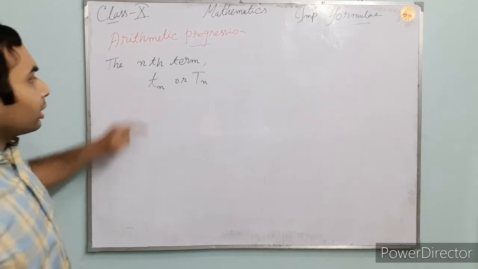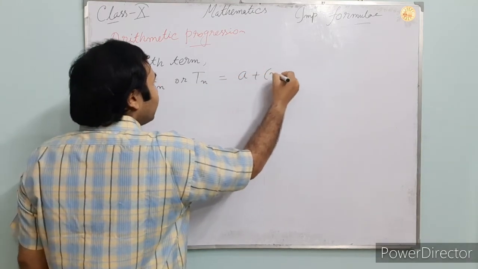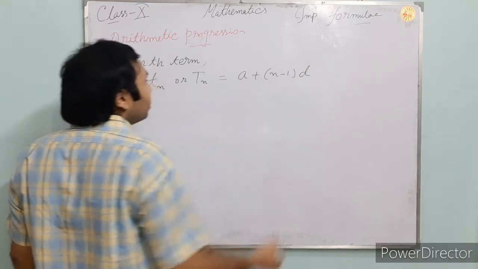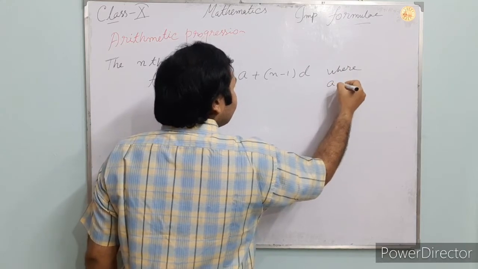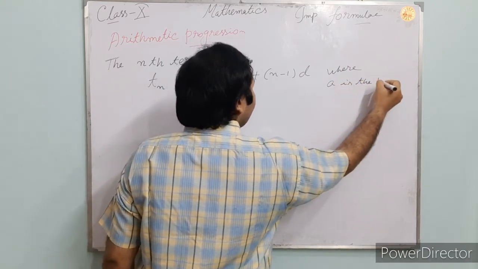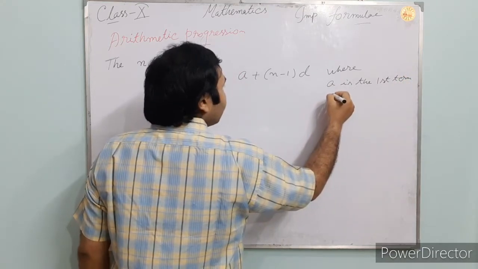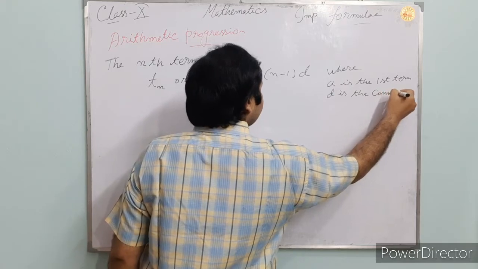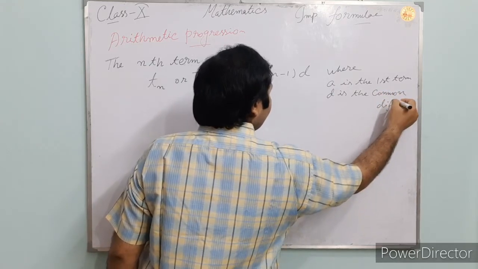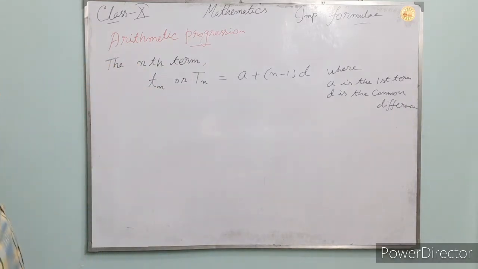Traditionally we take Tn equals a plus n minus 1 into d, where a is the first term and d is the common difference, and n is whatever term you have to find.